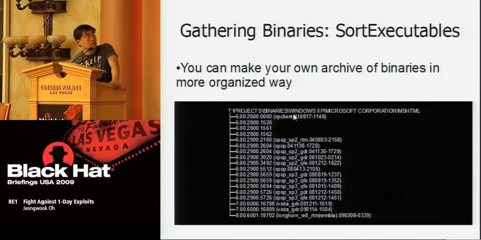Under Windows XP, Microsoft Corporation, this is the company name, and under MSHTML, there are multiple versions of binaries: 6.0, a lot of 6.0s that I collected from a lot of machines, and there are 7.0 and 8.0. So you prepare this archive, and whenever the patches come out, you just compare with the closest one.